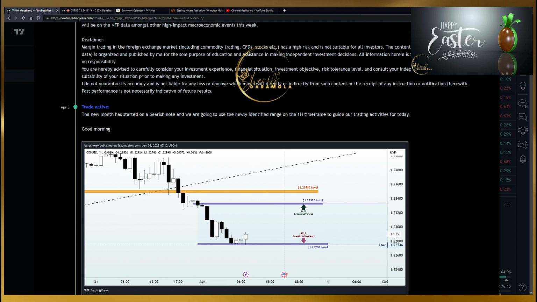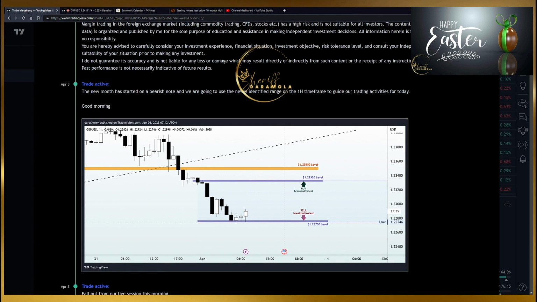Because of this, we were thinking that price action would continue that bearish tone, probably breaking down the support line here at the 1.22750 level, or probably price would come back to either retest the structure here on the 1.235 or the bullish trend line that was broken earlier, before the wave of bearish momentum.